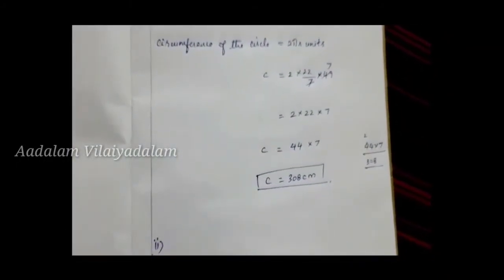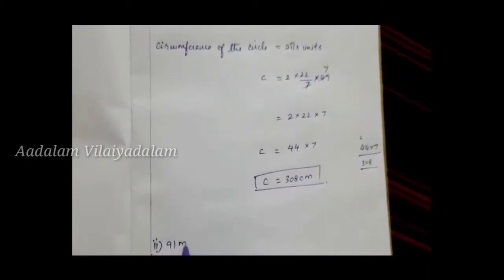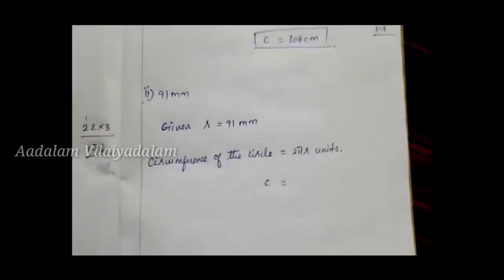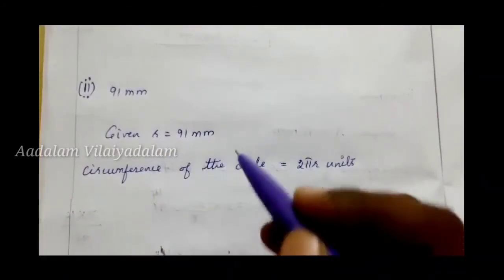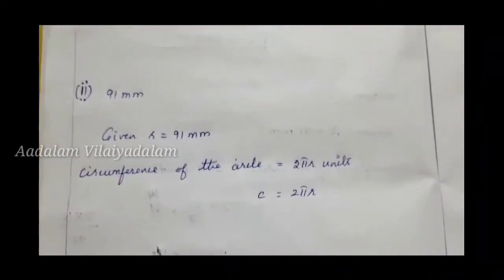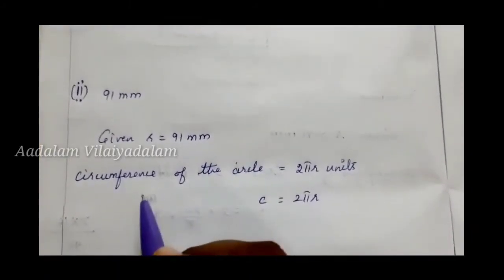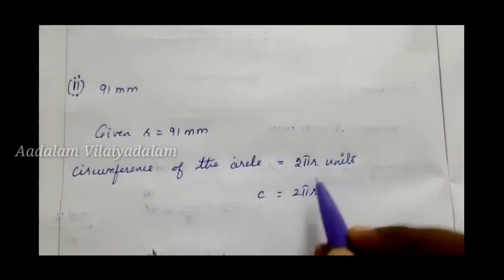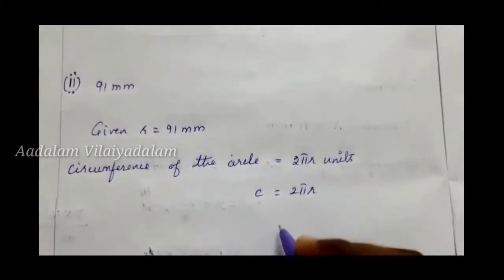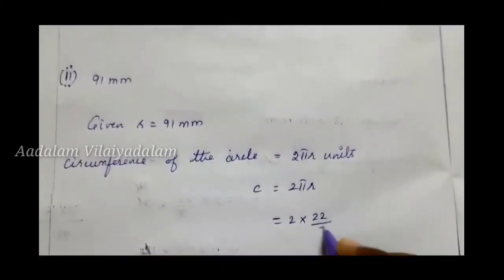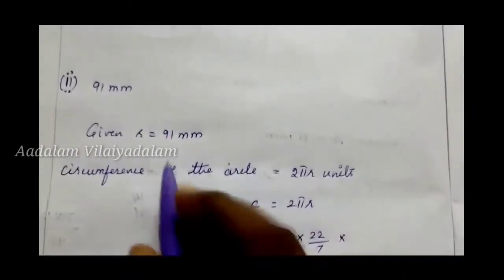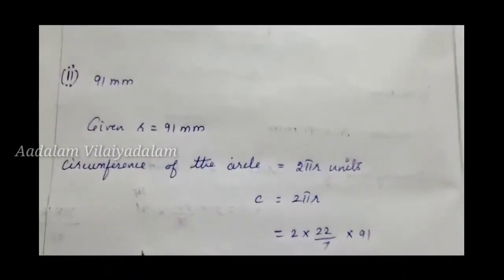Next, the second subdivision is 91 millimeter. Here they have given r equal to 91 millimeter, which is the radius. So we could use the formula circumference of the circle equal to 2 pi r units. Here pi value we can take 22 by 7 and the r value is 91.